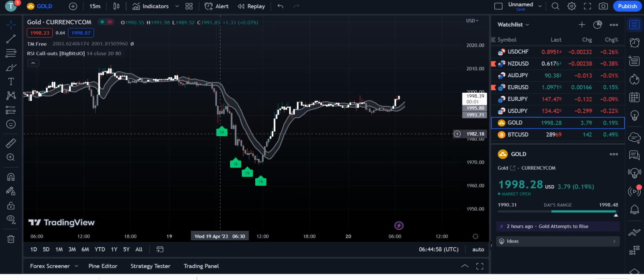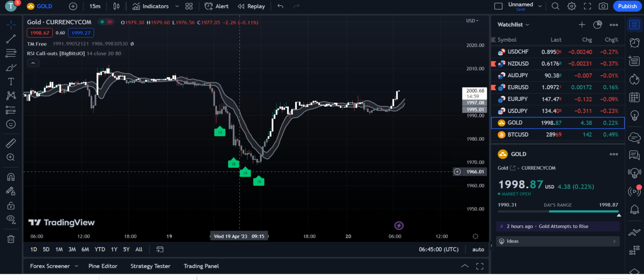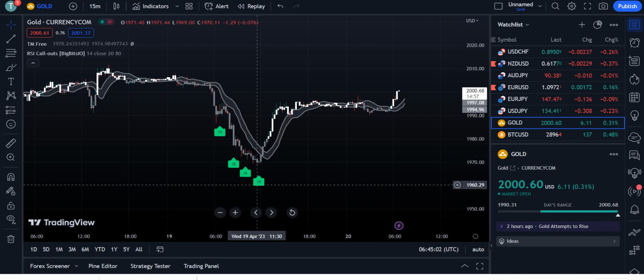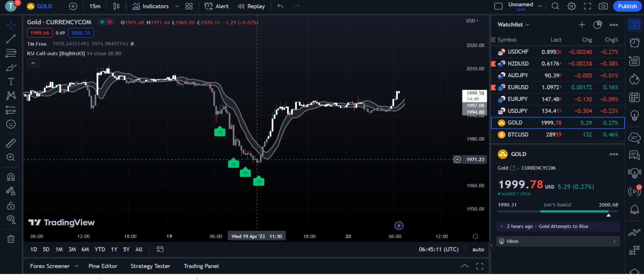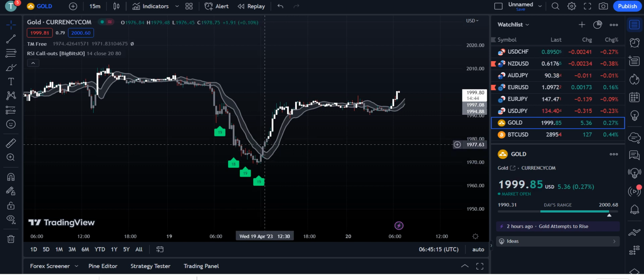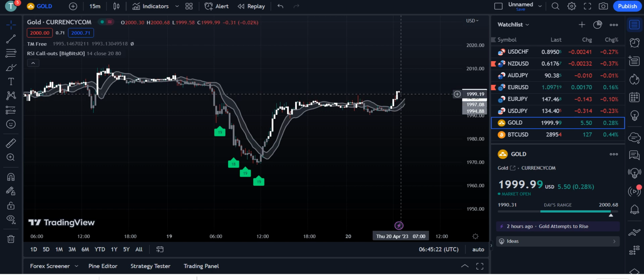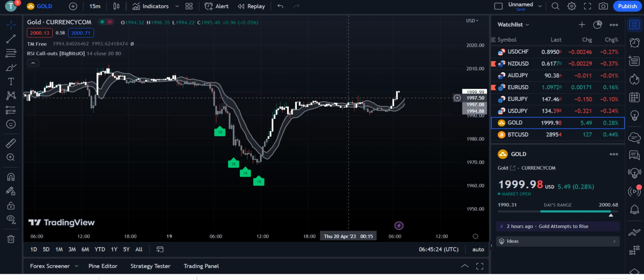As you can see here, it has given us some labels along with text showing that our market is already at the oversold level. So now our market has to take the trend reversal and move above this cloud. When our market moves above this cloud and forms 2 candles, then we have to enter the market for the buy signal, and we will earn the maximum profit.